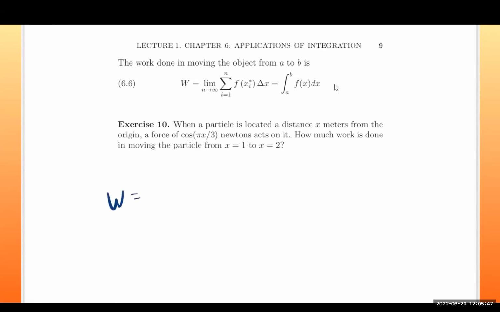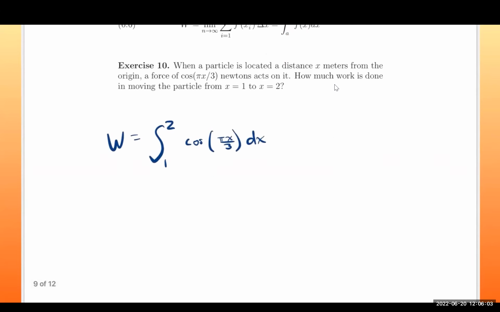So we can set up our formula. Work is going to equal the integral, the limits are 1 to 2, of the force function, cosine of pi x over 3, with respect to x. This shouldn't be too bad. The antiderivative of cosine is sine.